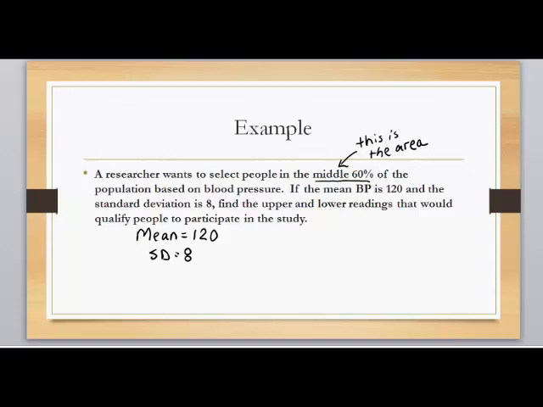All right, so remember that your first step in working a problem like this is to draw a picture and shade the appropriate area. So I'm going to go ahead and draw my curve. And I want to shade the middle 60%. So what you want to keep in mind is that the mean line goes down the middle.